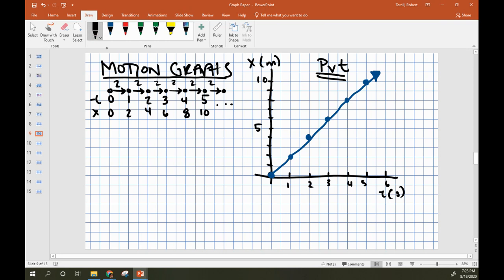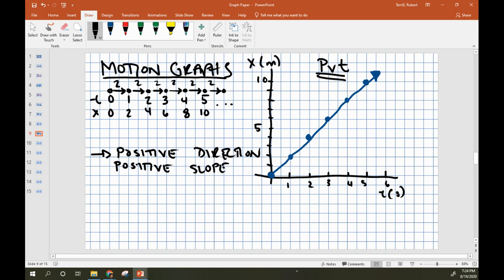And it's already starting to give us some information. For example, we can tell by the shape of this graph that it's going in the positive direction. We know that it's going in a positive direction because we can see that as time's passing, he's always more positive than he was before. And so if we look at this graph, anytime that he's going in the positive direction, we will also have a positive slope.